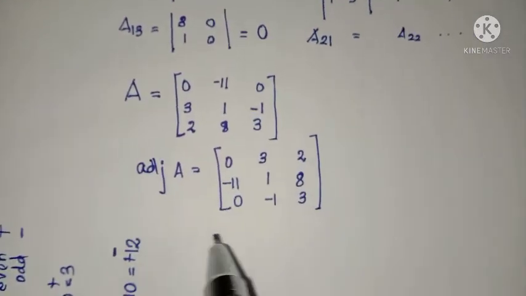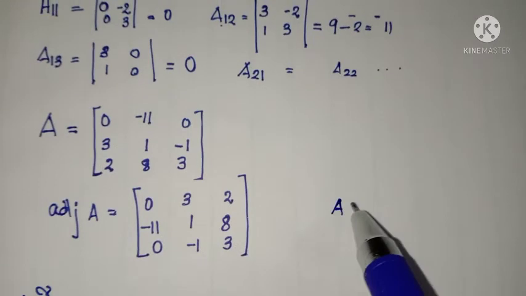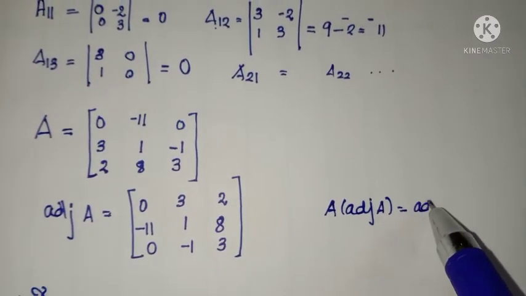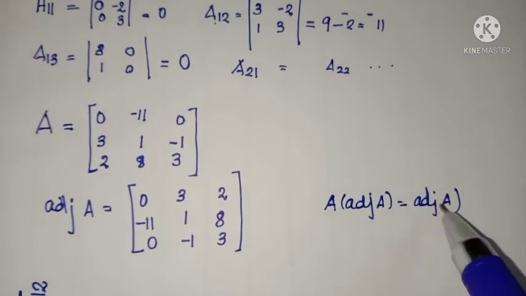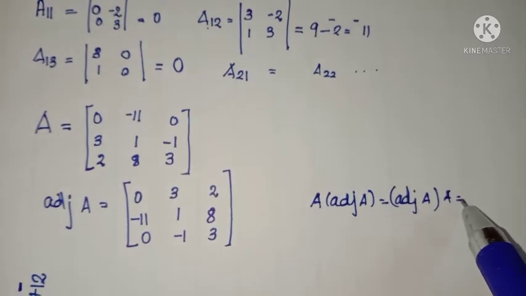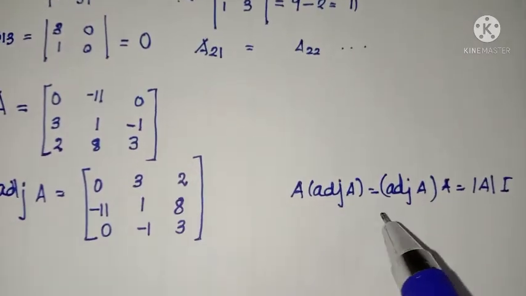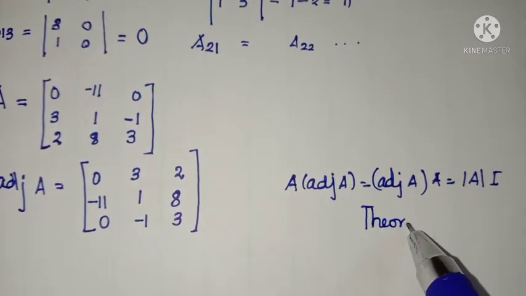Now we want to verify A into adjoint A is equal to adjoint A into A is equal to determinant A into I. So this is our first theorem.